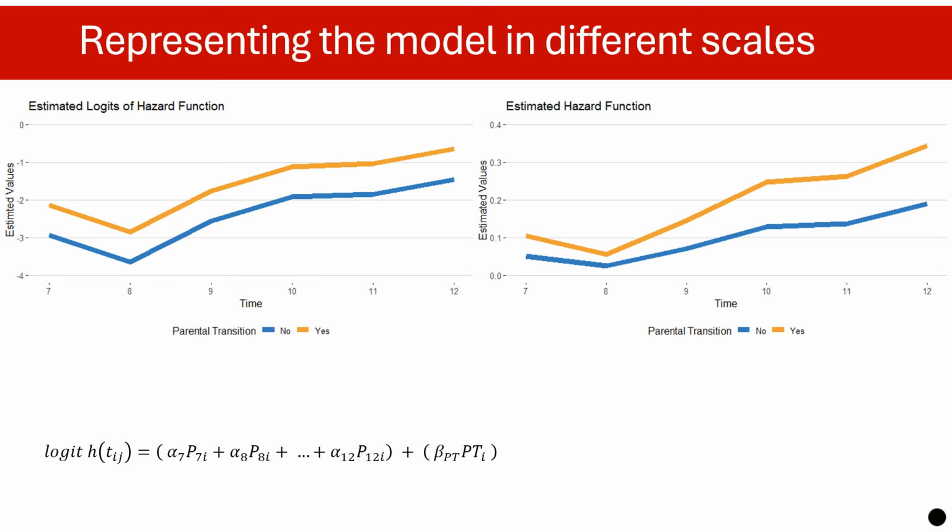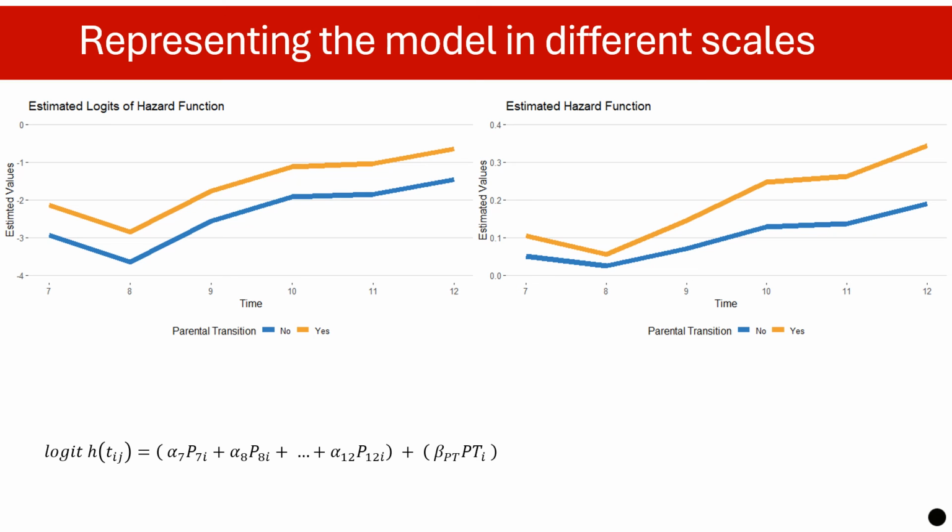And in fact, we need to keep in mind that the model that I specified and reported here again in its formal definition only included a linear effect of parental transition on the logits of the hazard function. The actual model, therefore, is not the one represented by the estimated hazard functions after transformation, the one reported on the right panel, but is the one represented by the logits of the hazard function, the one described by the figure on the left.